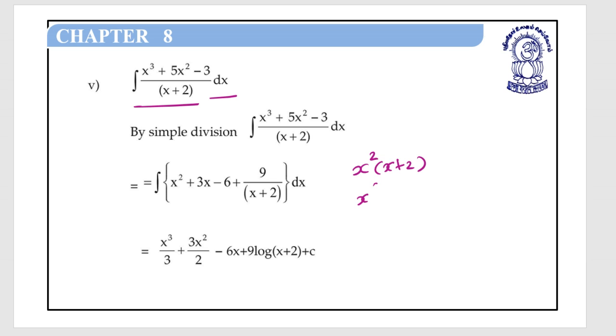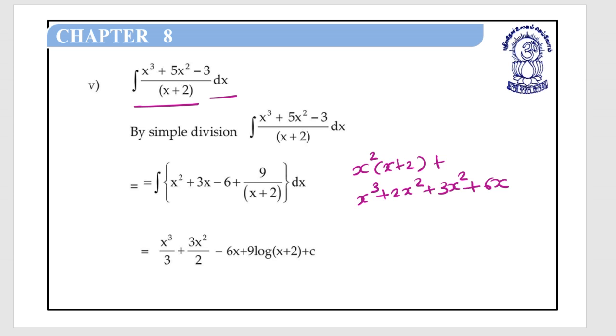So you will get x cube plus 2x square. So we require the 3x square, minus 3 is there. So 3x square, 3 2s are 6x plus 6x.